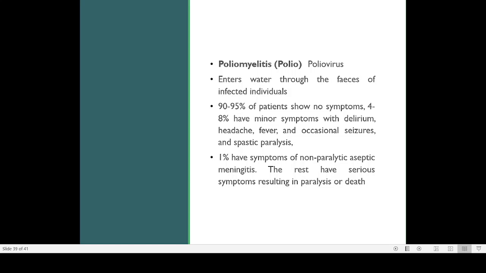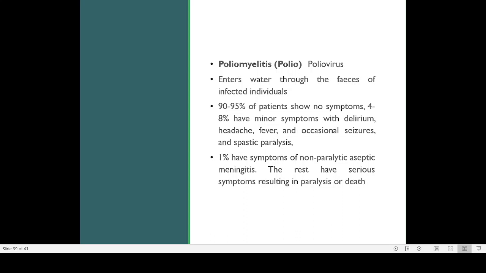So 90 to 95% of patients show no symptoms. That is, if a polio virus enters you, only 5% of the people will have any problem. The remaining 90% will not have any symptom. That is the case with hepatitis B also. And 4 to 8% have minor symptoms with delirium.